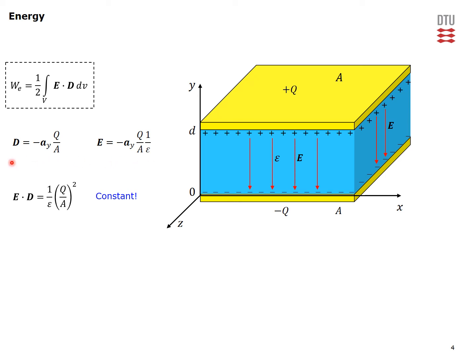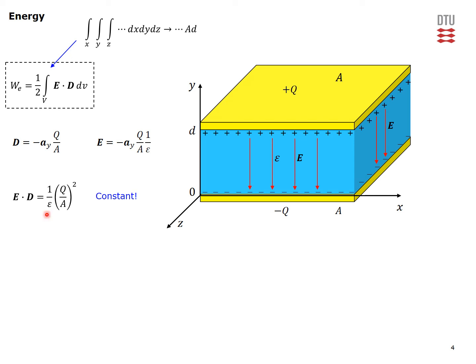So we can dot these two vectors to get this result here, which you can see is constant in the dielectric material. We have introduced this x, y, z coordinate system as shown here, so our volume integral is essentially an integral along x, along y, and along z.